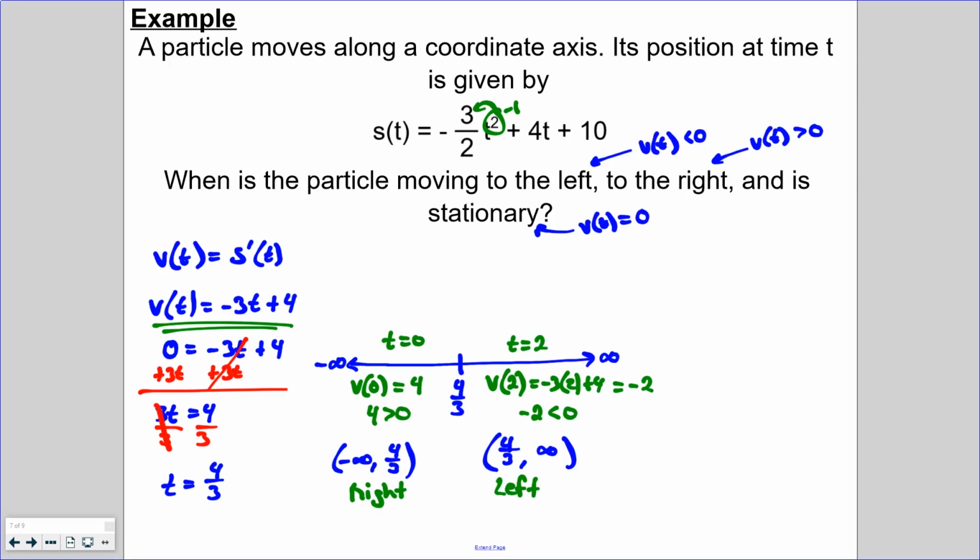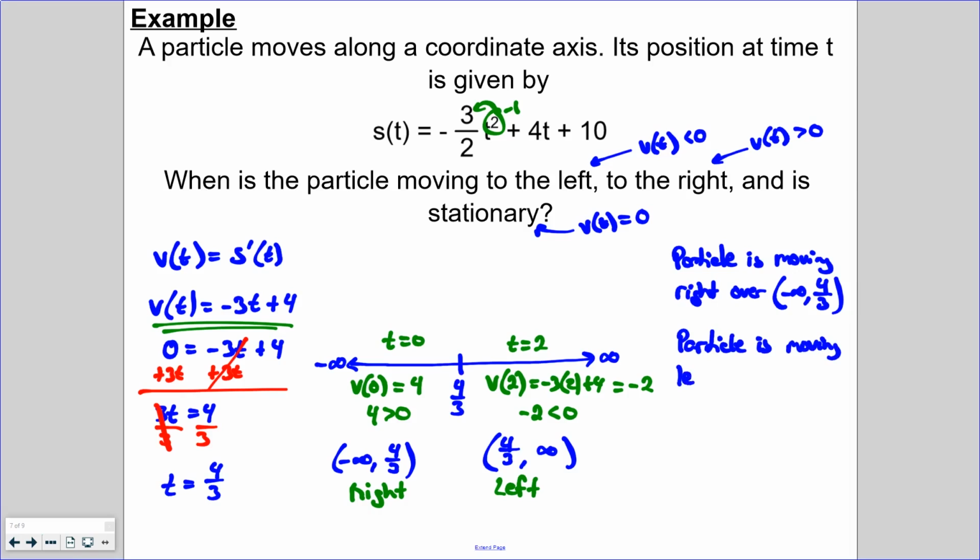All right, so now let's just quickly summarize what we got. The particle is moving right over negative infinity to 4/3. Our particle is moving left over the interval 4/3 to infinity.